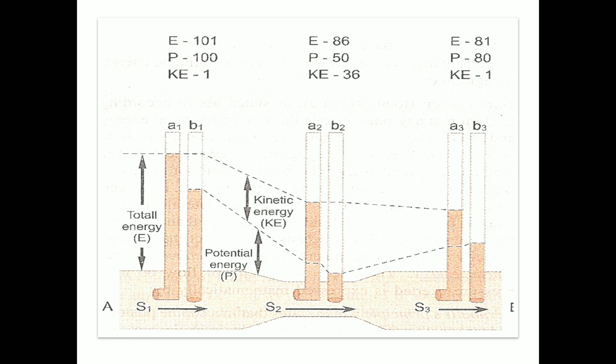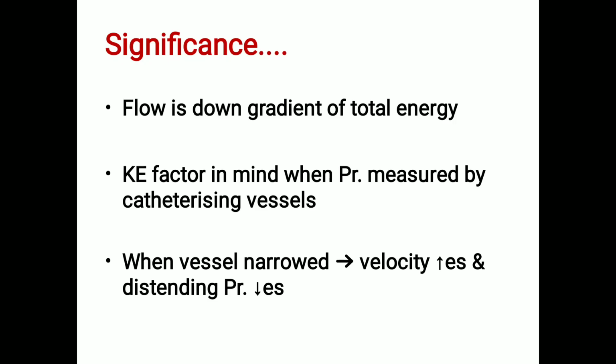And in the third level, again you remove the occlusion, what will happen? Again the total energy increases, as a result of increase in the potential energy. So the significance is the flow is down the gradient of total energy.